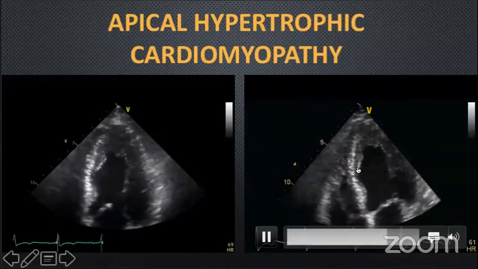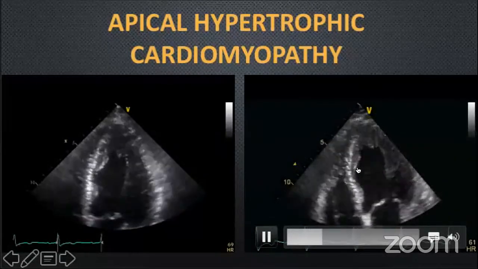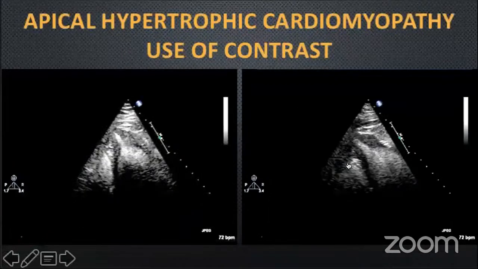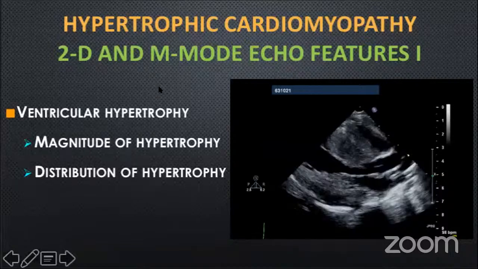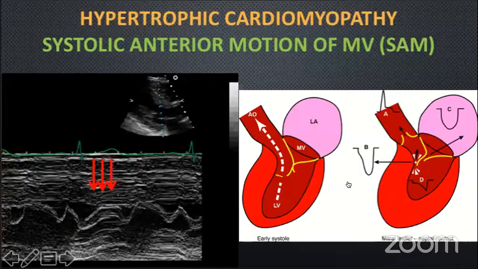I asked Muhammad whether he plays tarnib, and he says yes, because when we do contrast, you can clearly see the shape of the spade in this classical apical hypertrophy. So we show you by echo the magnitude of the hypertrophy and the site of the hypertrophy.